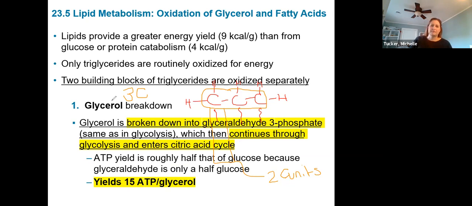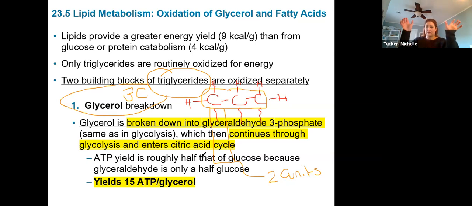So the thing to remember is both of the 2 building blocks of triglycerides are oxidized separately. Glycerol is a 3-carbon fragment, and it will pretty much be treated almost like half of a glucose and continue through glycolysis and enter the citric acid cycle. The ATP yield is roughly half that of glucose because glyceraldehyde is only half of a glucose.